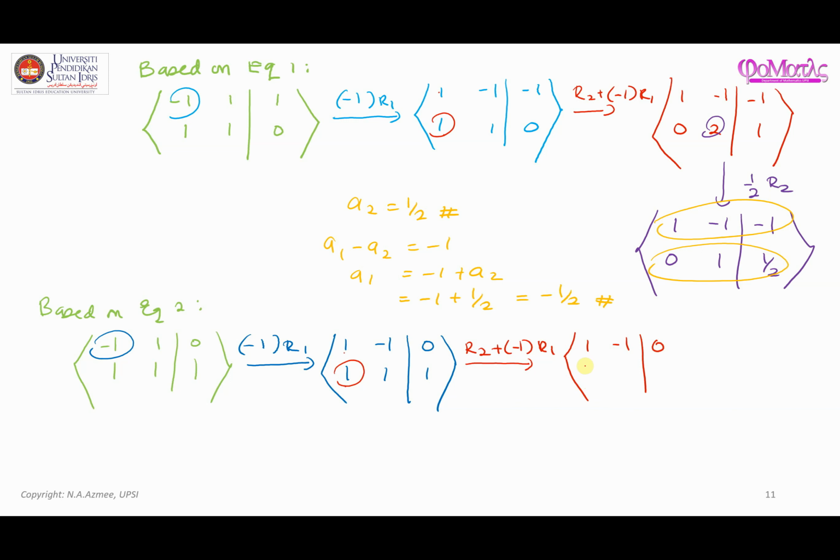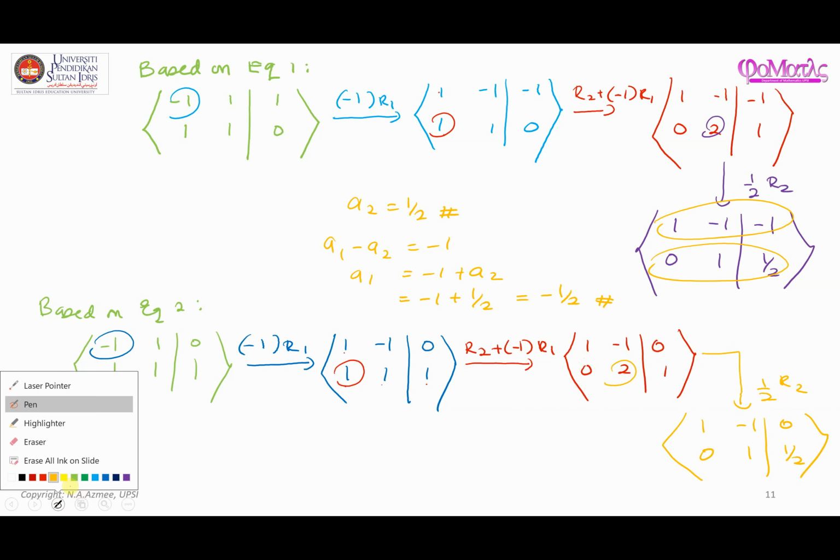So 1 minus 1, 0. 1 plus 1, 2. 1 plus 0 is 1. And of course, let's just make it look nicer by turning this value into 1. So 1 over 2 R2, 1, negative 1, 0, 0, 1, 1 over 2.